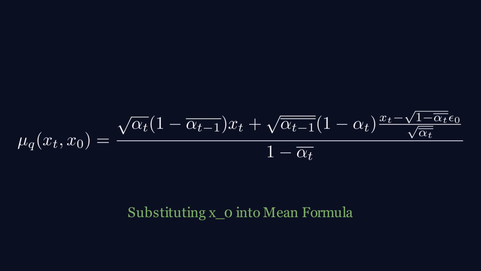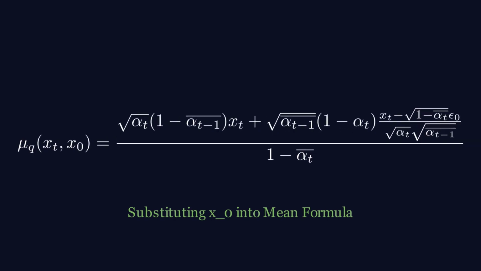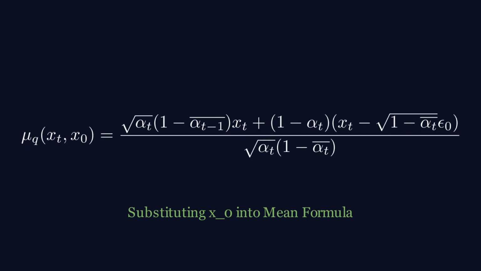In the denominator of the substituted x naught, the root over alpha t bar we can expand to root over alpha t into root over alpha t minus 1 bar. So root over alpha t minus 1 bar and root over alpha t minus 1 bar cancel, leaving us with 1 minus alpha t into xt minus root over 1 minus alpha t bar into epsilon naught.